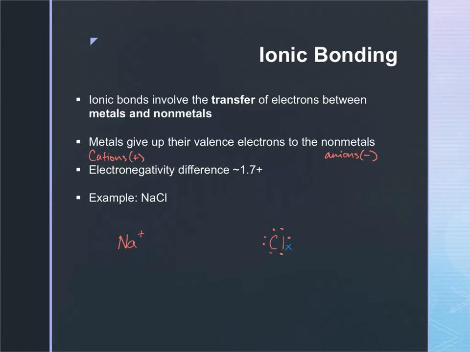So both of these elements have either a full shell. So when it gains an electron, it becomes a negative ion. And so this force of attraction here, from positive to negative, opposites attract, which forms the bond between them.